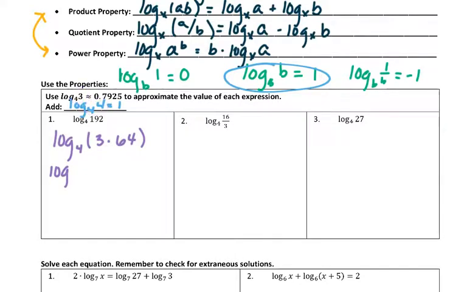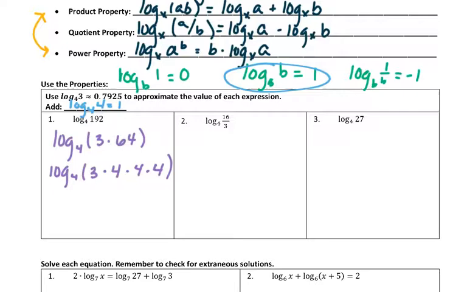So we have to break it down further. So log base 4 of 3 times, now this is the same thing as 4 times 4 times 4, okay? So then in your calculator, type out 3 times 4 times 4 times 4 and make sure that it's 192. Make sure you didn't make any little mistakes there, okay?